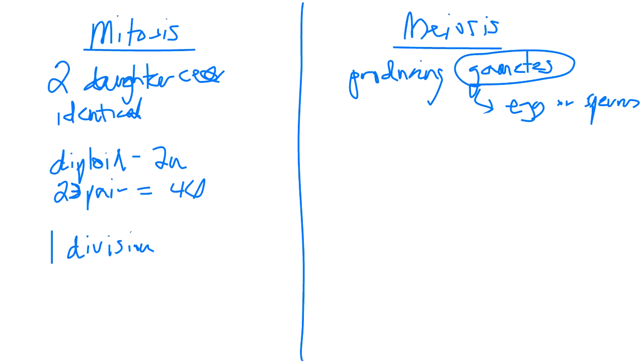Now, recall that an egg and a sperm will come together, right, and will fuse, and the first new cell is going to be called a zygote. The egg and the sperm, if they were both diploid, then when they combined, now you wouldn't have a diploid cell, you'd have a tetraploid or a cell with 4 copies. Well, that's not good. We want the new organism to be diploid.